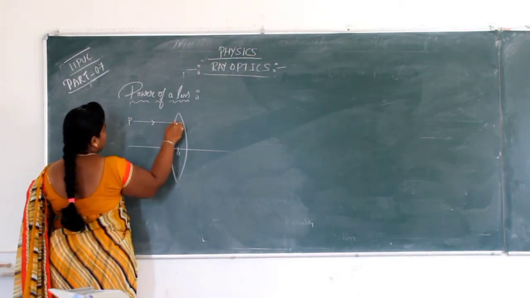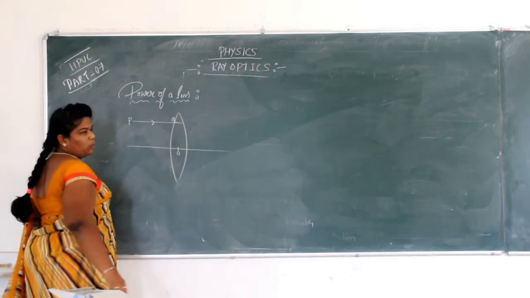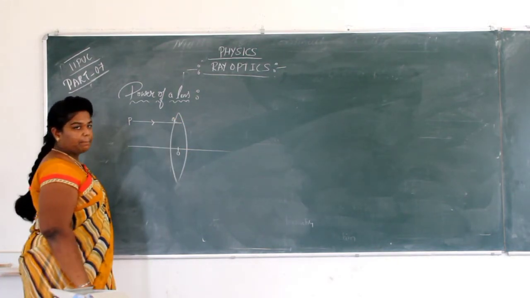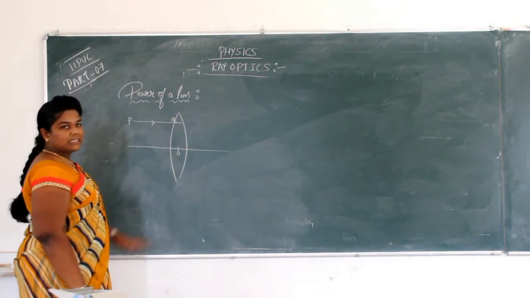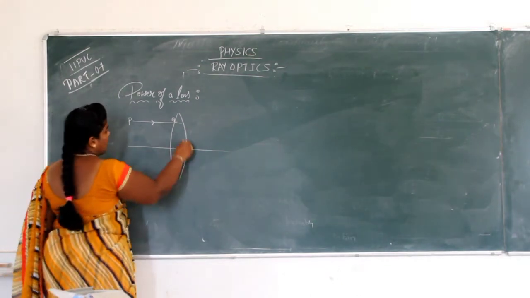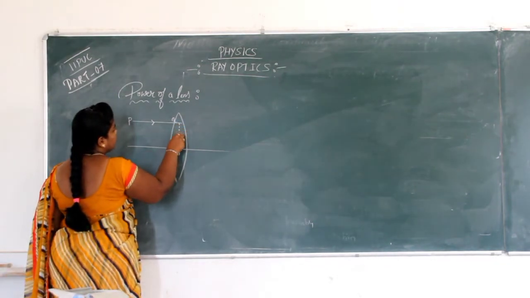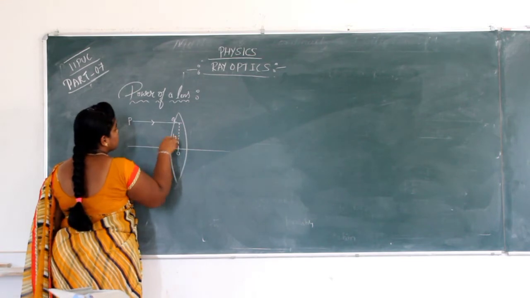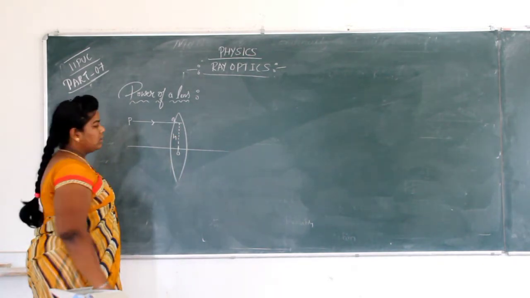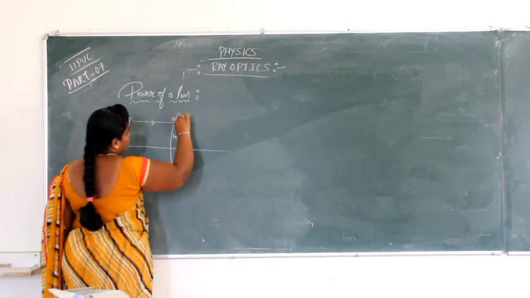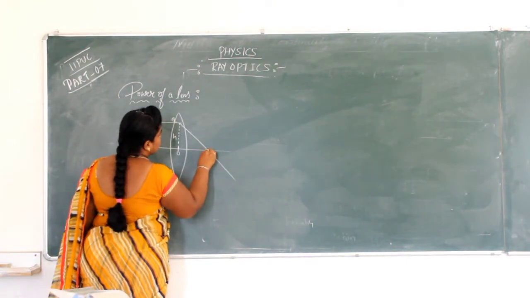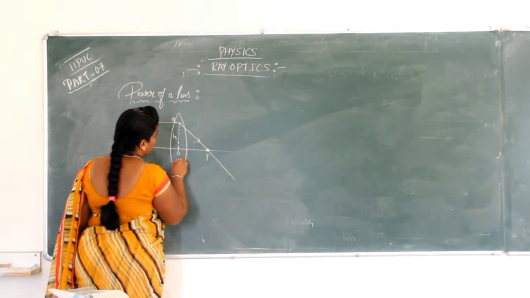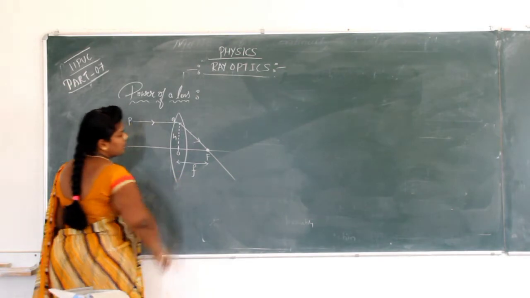I am going to mention that as PQ, the incident ray. When it falls on the lens at a height h from the optic center, it refracts and passes through the principal focus, right?